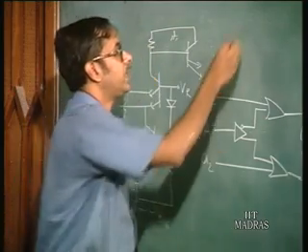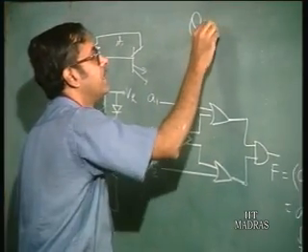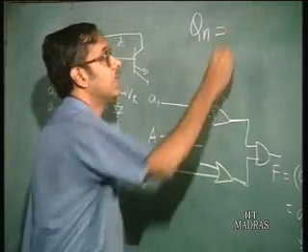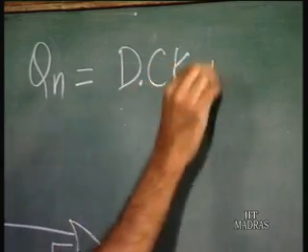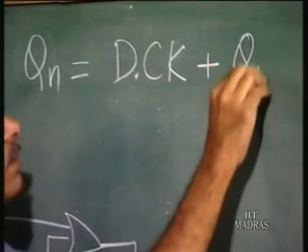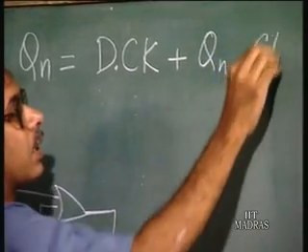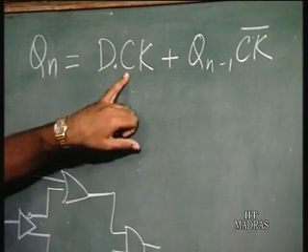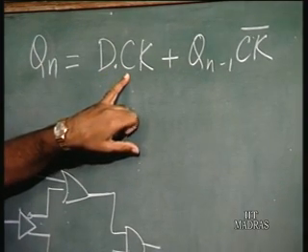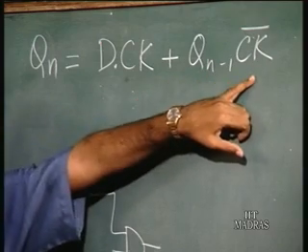So, we can write like this: Qn is equal to D into clock plus Qn minus 1 clock bar. That is, when the clock is high, that is clock is 1, clock bar is obviously 0.